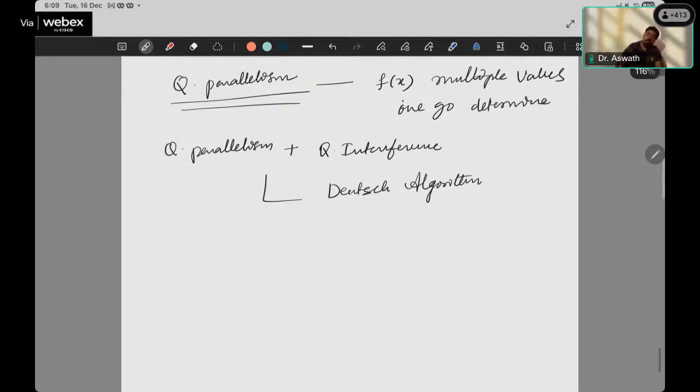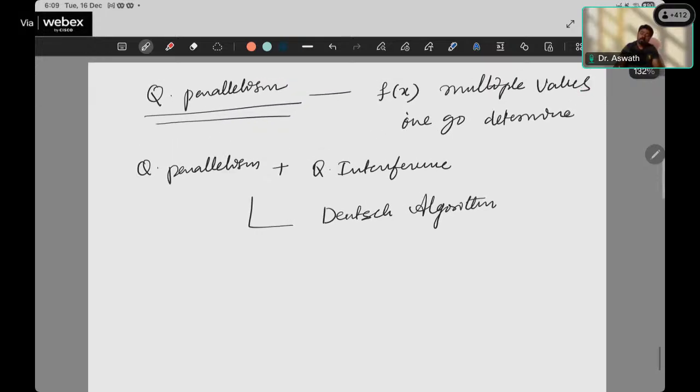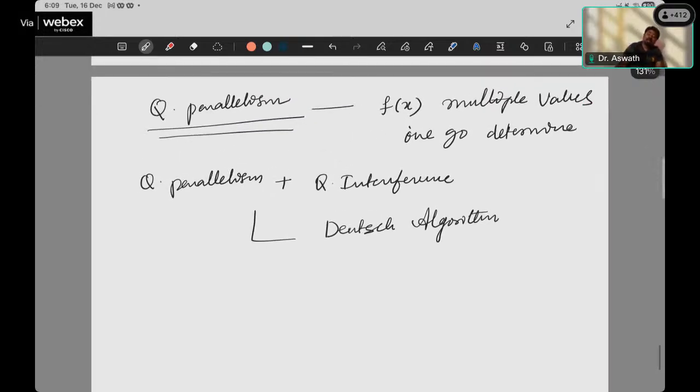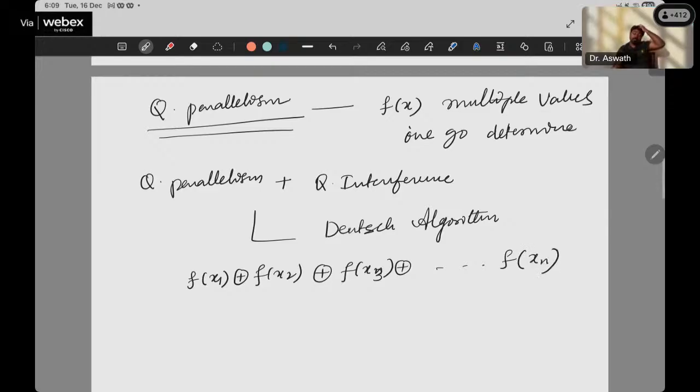You not only find function values, you will also find the sum of the function values. You would be able to find f of x1 plus f of x2 plus so on up to f of xn with the Deutsch algorithm.